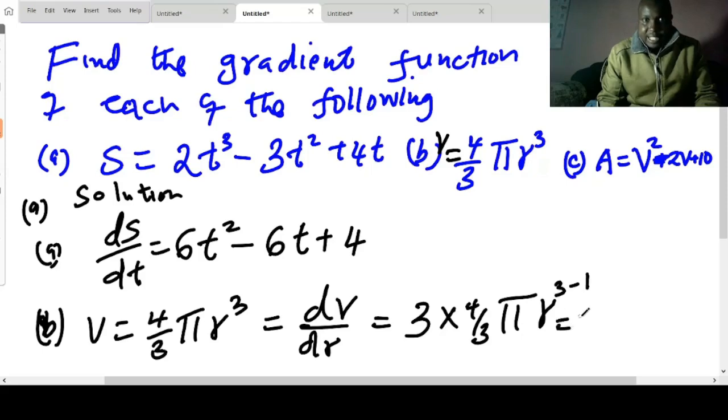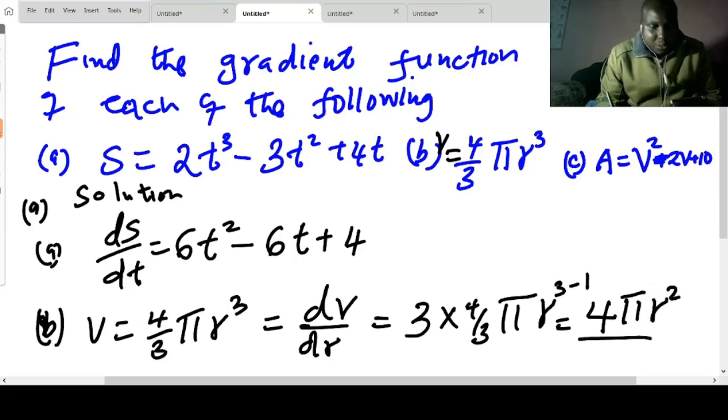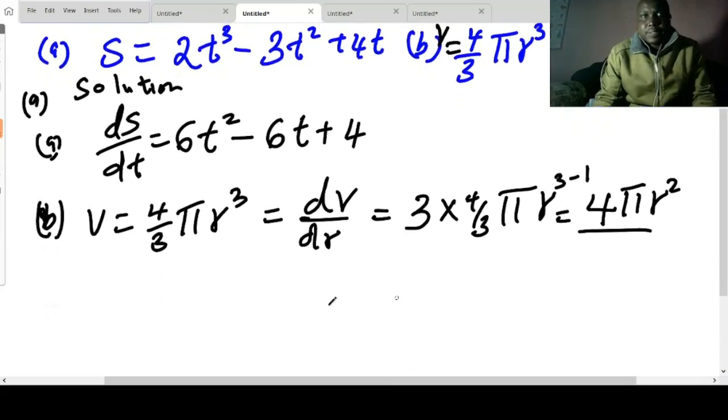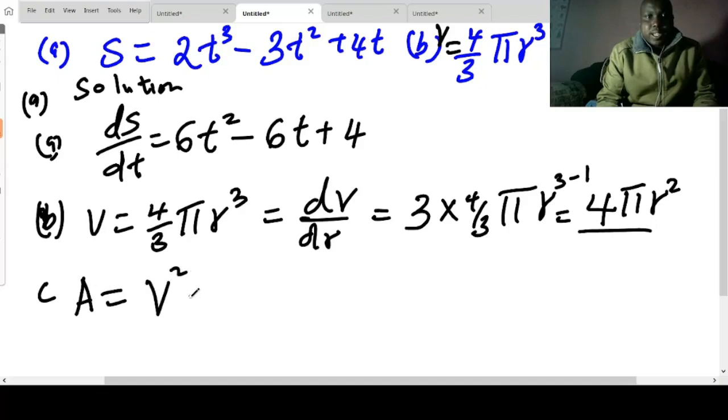So finally the answer here is dV over dr equals 4 pi r squared, and that is what we have in our differentiation there. The last one, C, we are given that A is equal to v squared minus 2v plus 10.